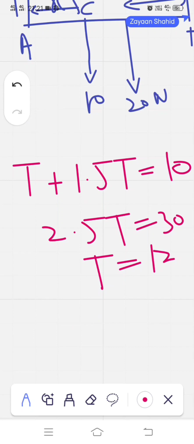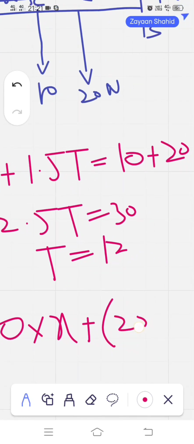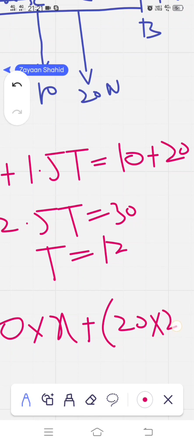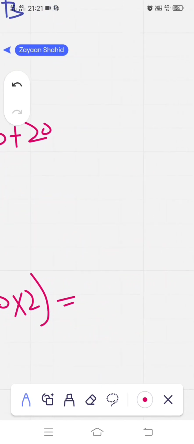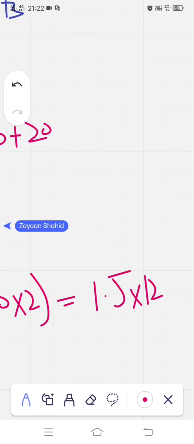10 Newton multiplied by the distance of the 10 Newton weight from the point A, which is X. Plus, now take the 20 Newton weight, whose distance from the point A is 2. And this is equal to the third one, 1.5 times T, so T value is 12, so I just put the value of 10.